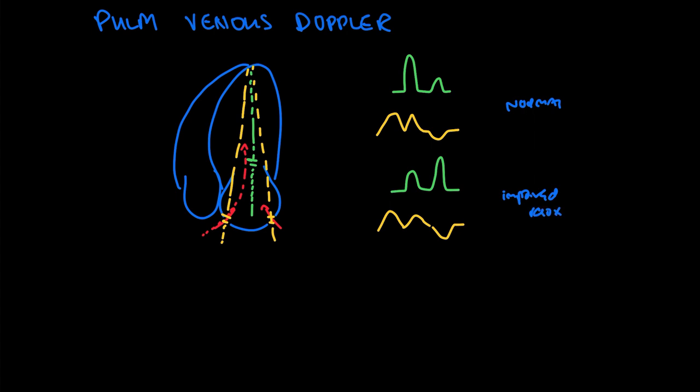And what happens as you start to get elevated left ventricular filling pressures? Well, that's where you start to see this pseudo-normal pattern, where blood is getting pushed from high pressures in the left atrium into the left ventricle, and that's where the pulmonic venous Doppler is helpful.